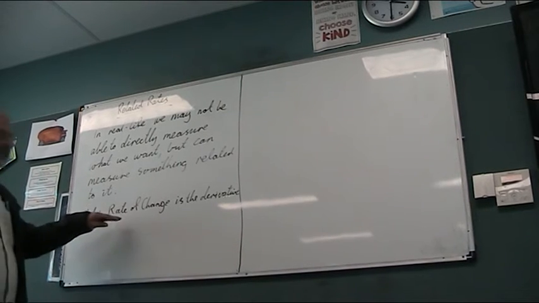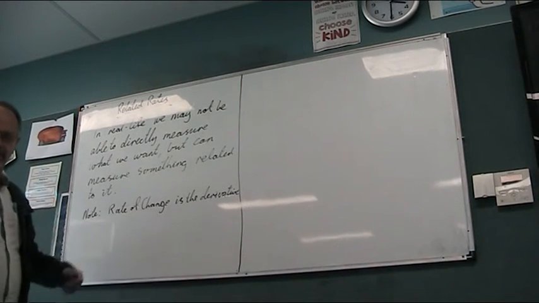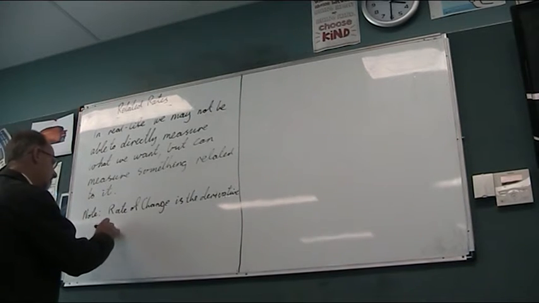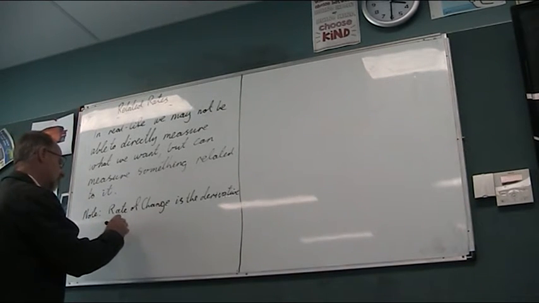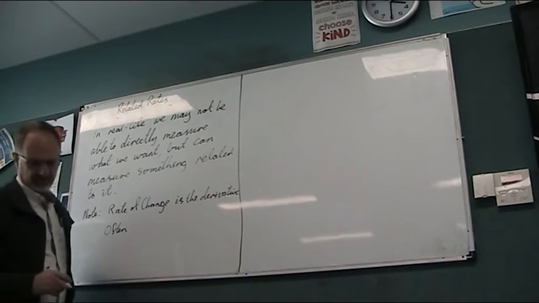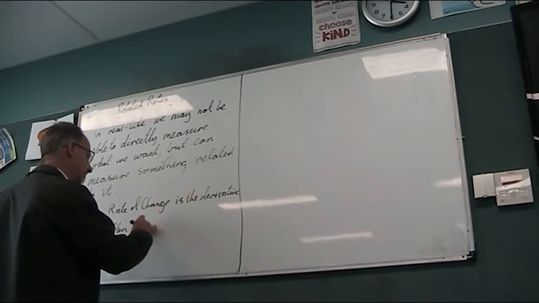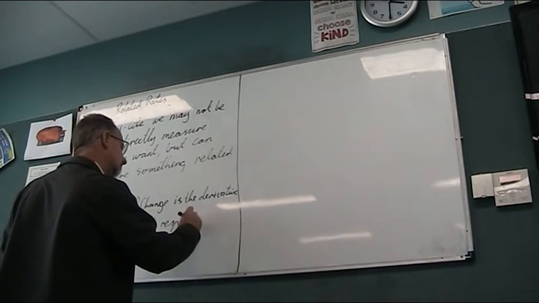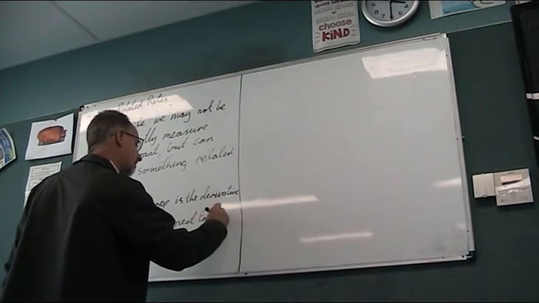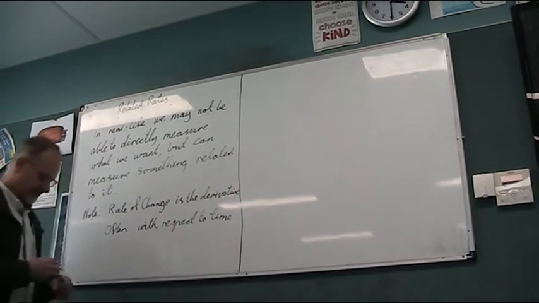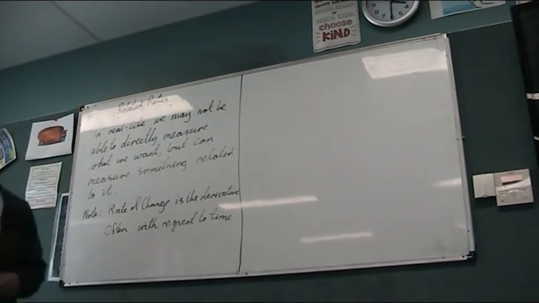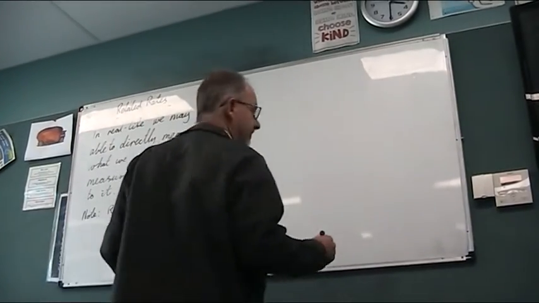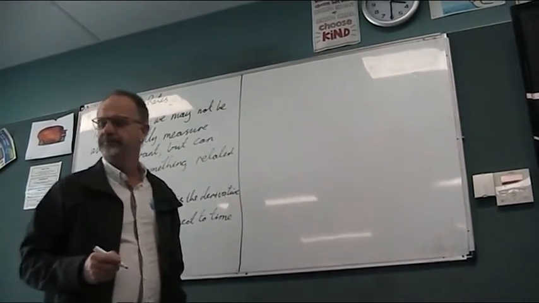Then it's talking about the rate of change, so that would be the derivative. And often it's related with respect to time. These kinds of questions, what we effectively do is use the chain rule.